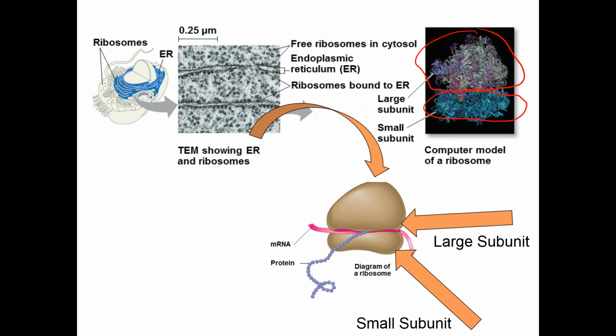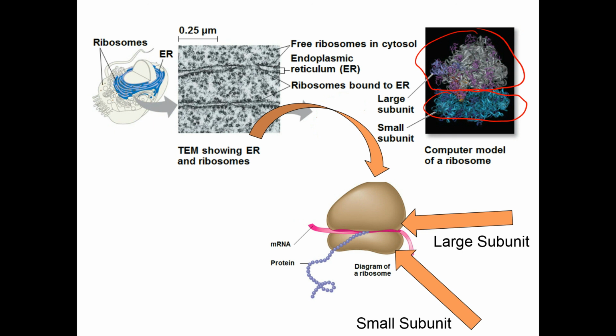So how exactly are they involved in making proteins? Later on in the term, we'll talk about the process of transcription and translation. But here in this image, you have a messenger RNA transcript being fed through the ribosome. Amino acids are transported to the ribosome and assembled into the protein.